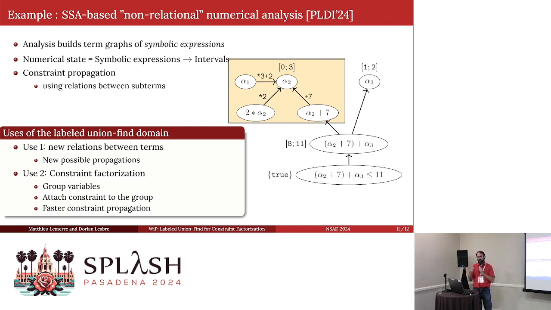This is what we have implemented yet. But we would also like to have a flow-sensitive labeled union find data structure. But for this, we need to implement a join algorithm, and the algorithm is a bit more involved. This is something that we don't have yet. Probably we'll have more precision gain when we have this flow-sensitive union find, but we don't have it yet.